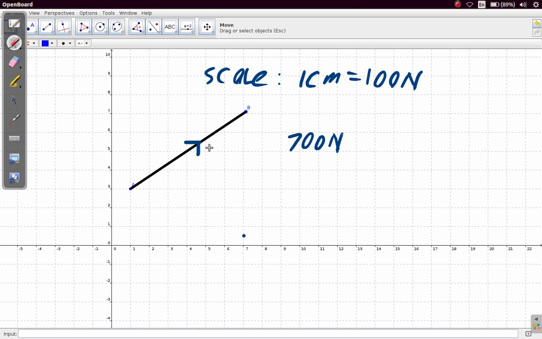So I draw it 7 centimeters long, so that each centimeter represents 100 newtons, and therefore 7 centimeters represents 700 newtons. So therefore I write my 700 newtons on this vector. Alright? So that's the representation of a vector. We will continue looking at vectors and include representation of such a vector in a later video. So I will see you then.